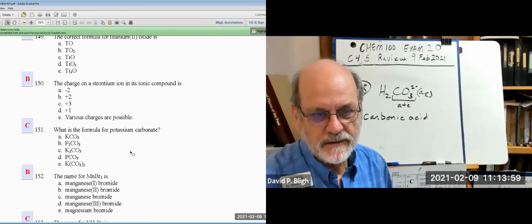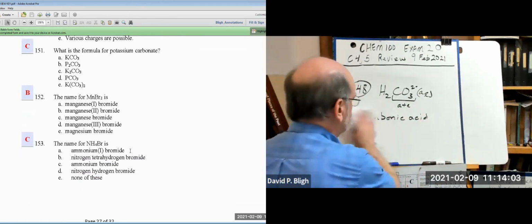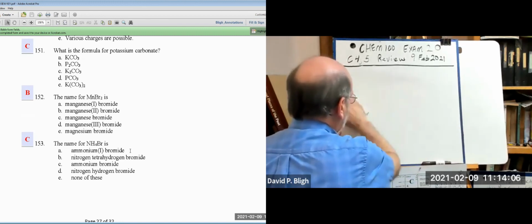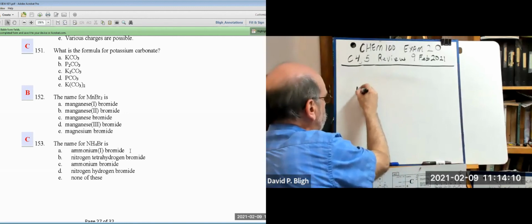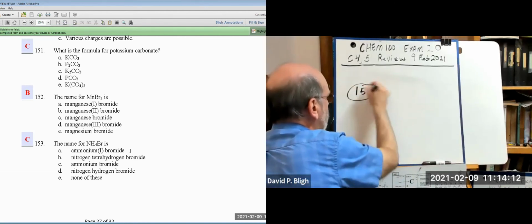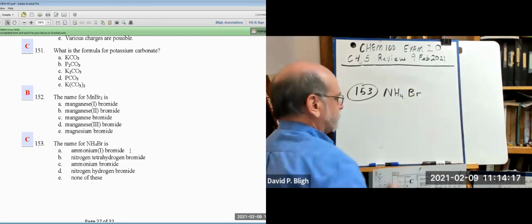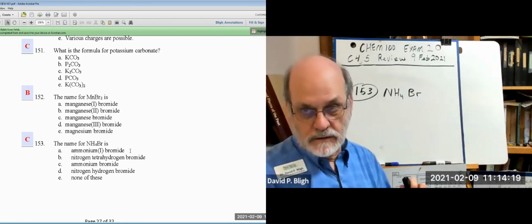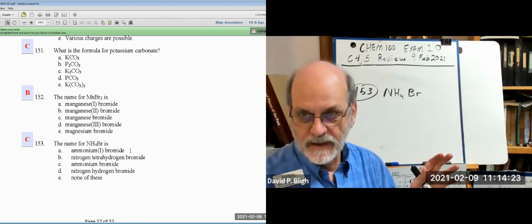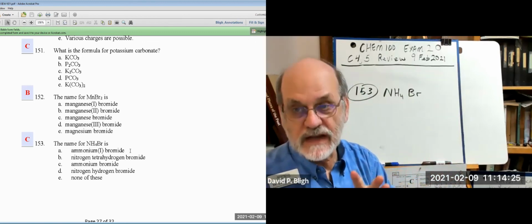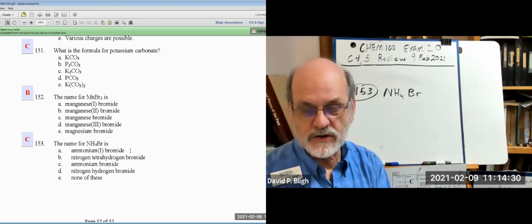153 is next. NH4Br. NH4 is a polyatomic ion. It's called ammonium. No charge is mentioned in the name because all polyatomic ions have fixed charges.